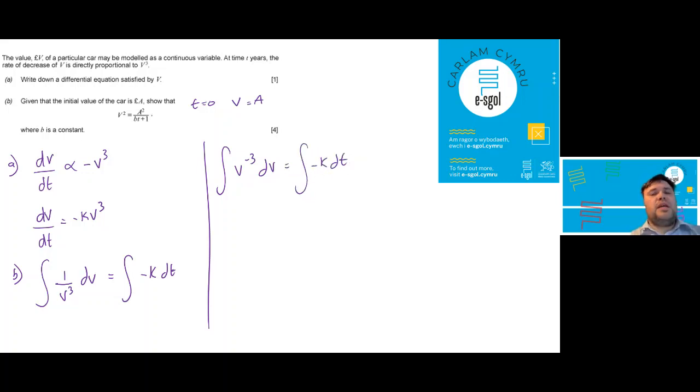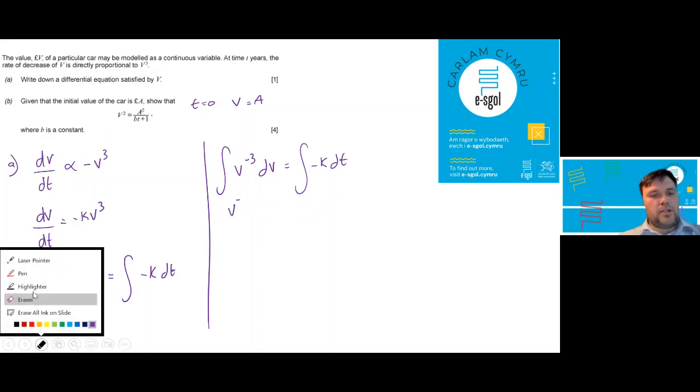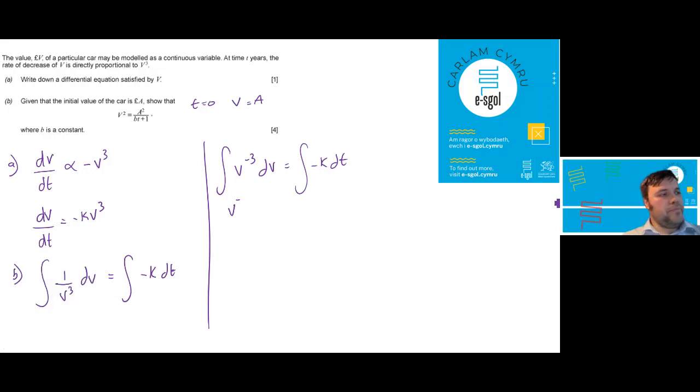So your integrating skill is you increase the power and you divide by the new power. So it's going to be V to the minus 3, increasing it takes it from minus 3 to minus 2, so it's going to be V to the minus 2 over minus 2.